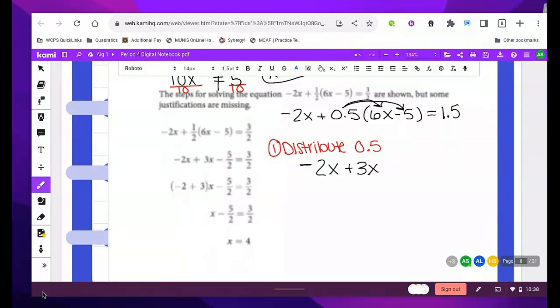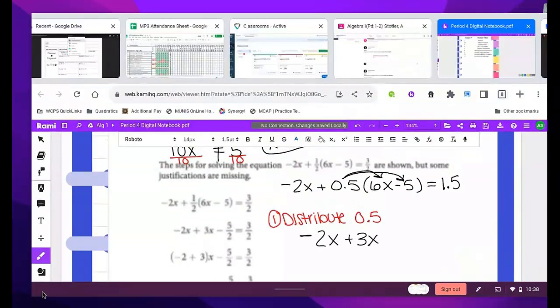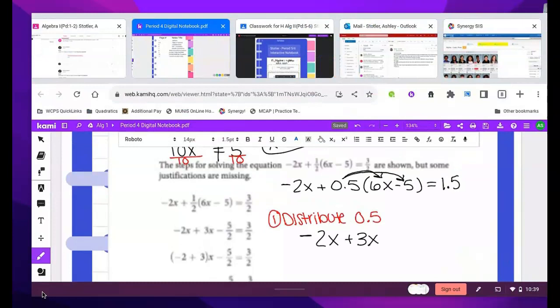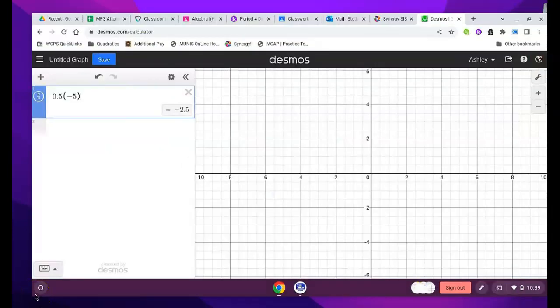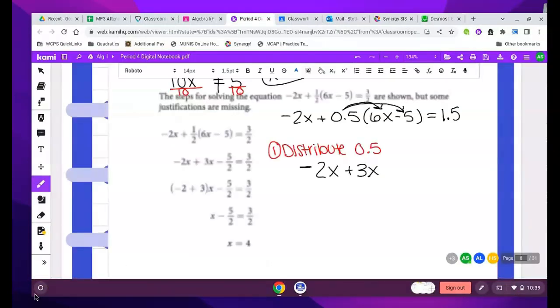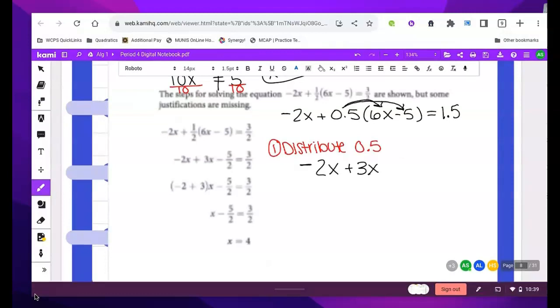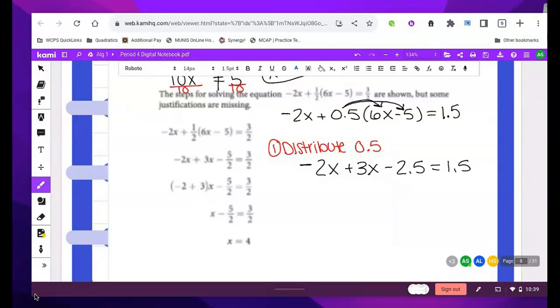So 0.5 times negative 5, I can put that in the calculator. Notice you get negative 2.5. So we'll make that negative 2.5. And notice that we did nothing with the equals 1.5, so we'll keep that how it is.